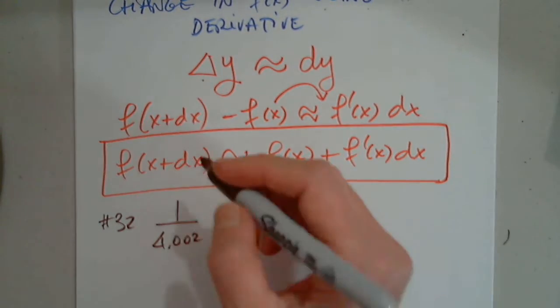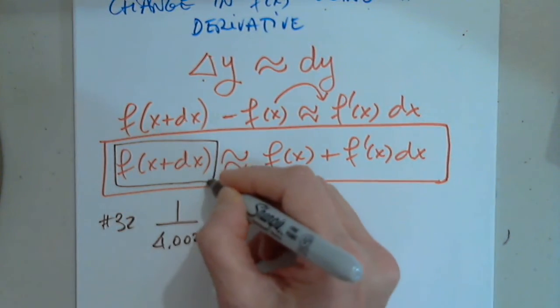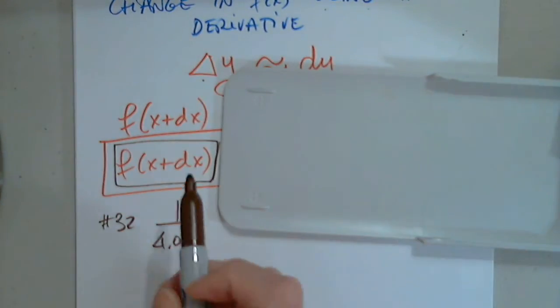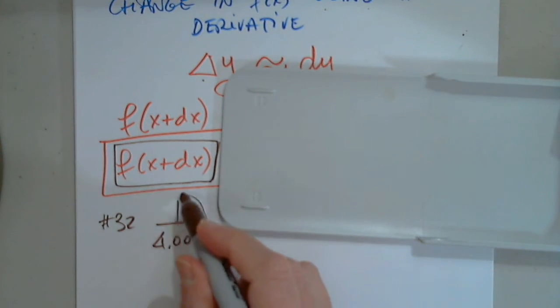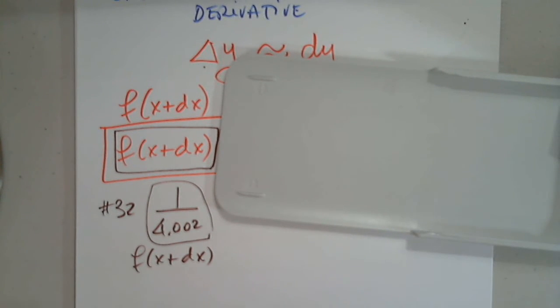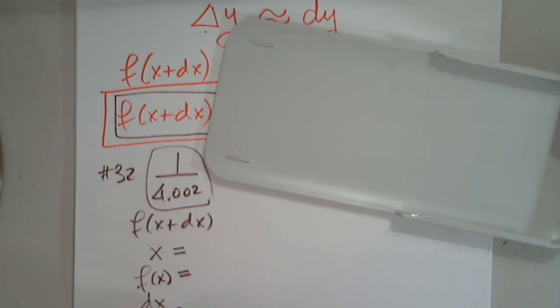So this is what we are asked to find. This is my f of x plus dx. But I have to identify what x is, I have to identify f of x, and I have to identify dx.